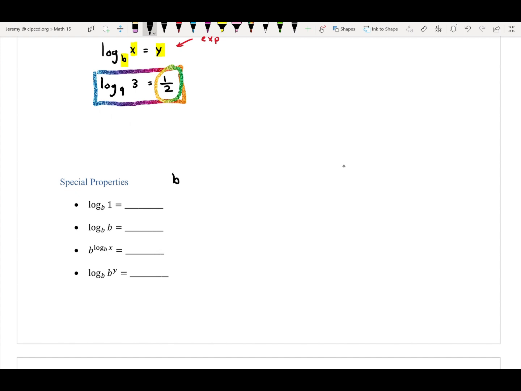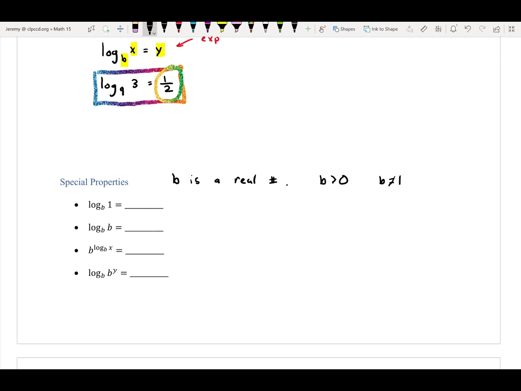Remember, b has to be a real number, and b is greater than 0. Generally b is not equal to 1, because when b is equal to 1, it's kind of a trivial case. Nothing interesting happens, so we don't use a base of 1 ever.